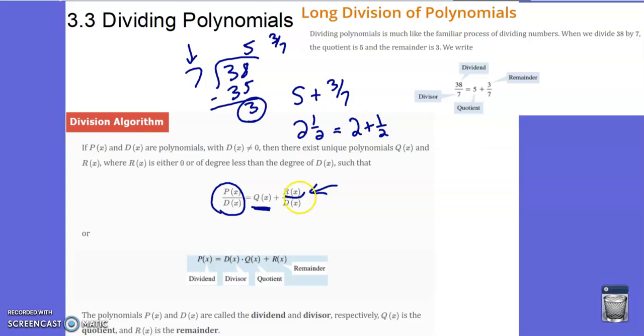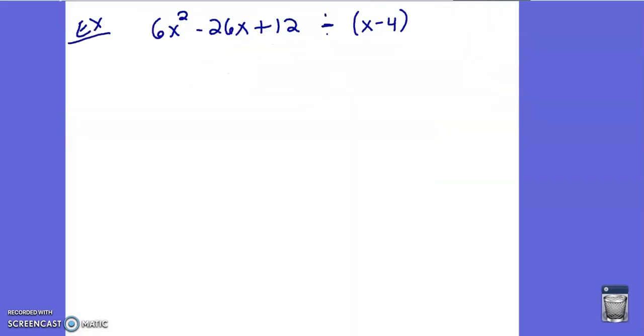And so that's really what you have, the remainder over the divisor. The quotient is the answer to the division. So 5 would be the quotient, and then the remainder over the divisor. So again, this is polynomial division, and this is the division algorithm, just in more algebraic terms.